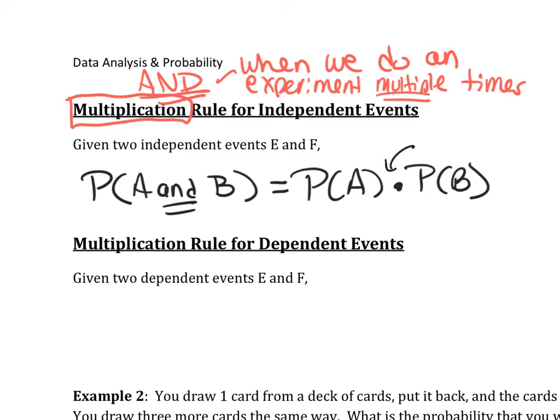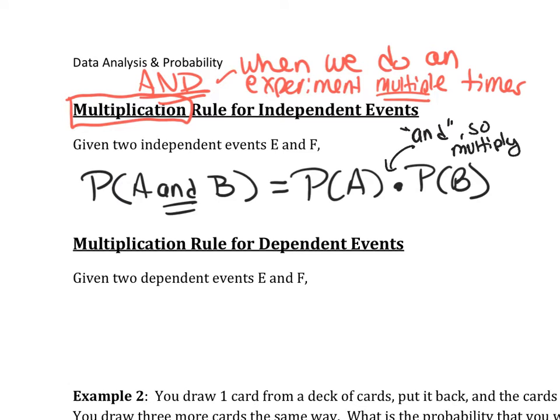Because it's and, we multiply. Okay, so the independent one is pretty straightforward.